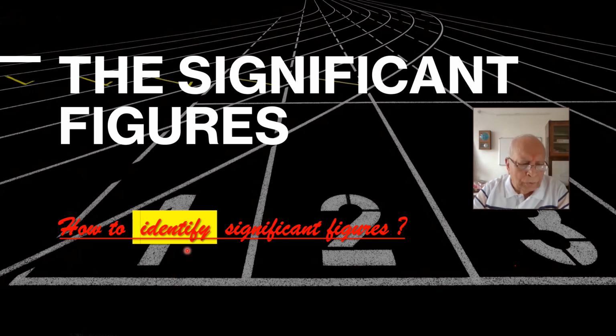The utility of significant figures is that it communicates precision in our results, precision in our reporting of the results. It builds up how confident we are about giving the results.